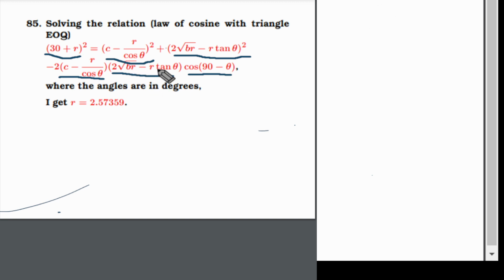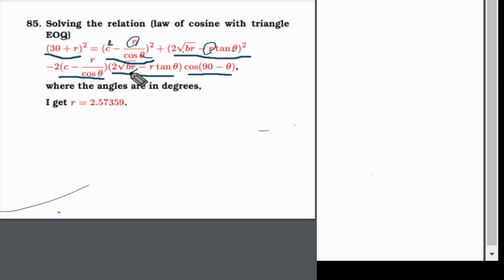Now, after rewriting everything, because we know theta here, we have a variable C. I just replace C with the long value 38.9572, and then B we have, and then theta. So only R is an unknown variable here.